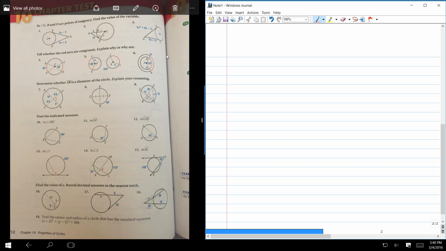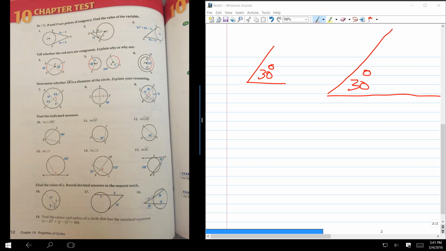I think that has to be true in the same way that if I have a 30-degree angle here and a 30-degree angle there, those two are congruent angles, even though one looks bigger than the other. And same with this arc. As long as we're measuring that arc in degrees, the outside one is 119 and the inside is 119.